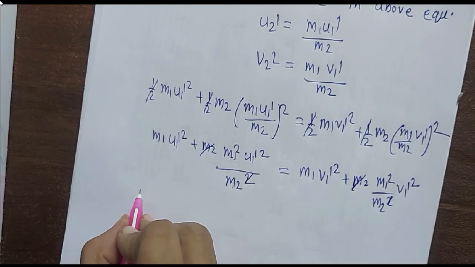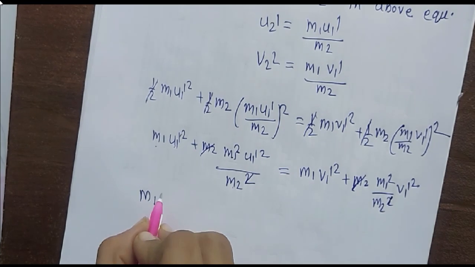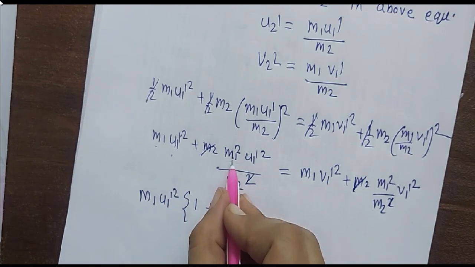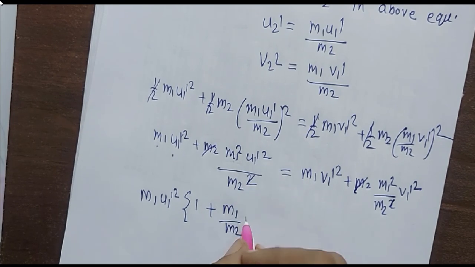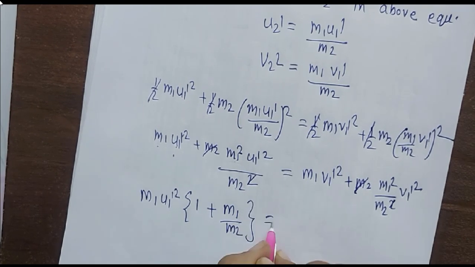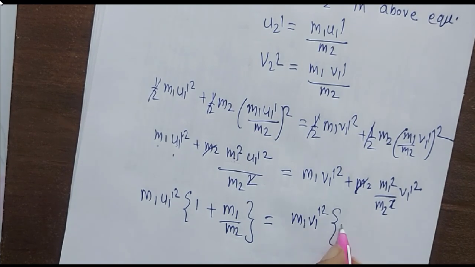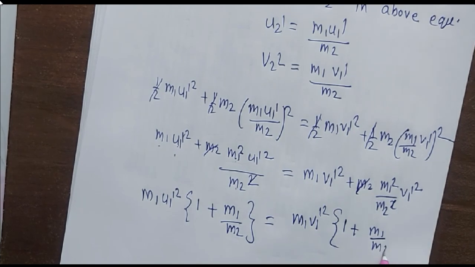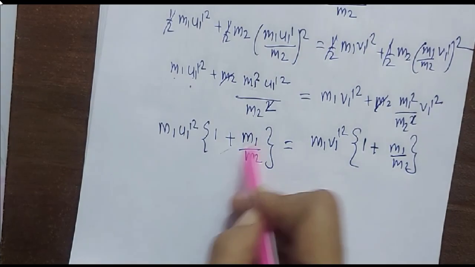Now we will take common m1 u1 dash square, so from here 1 plus m1 upon m2 will be remaining. Similarly, m1 v1 dash square, we will take 1 plus m1 upon m2, so this will also get cancelled.